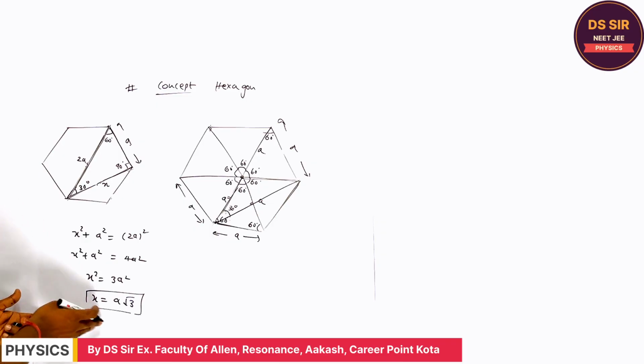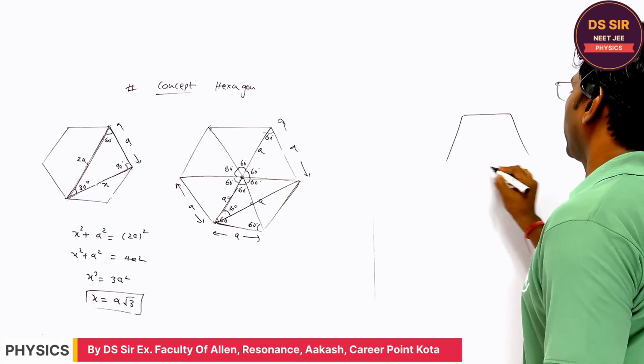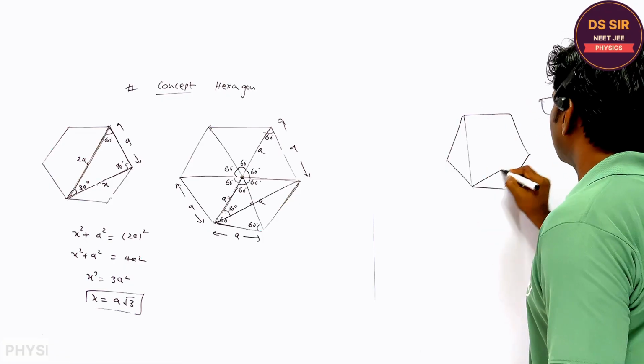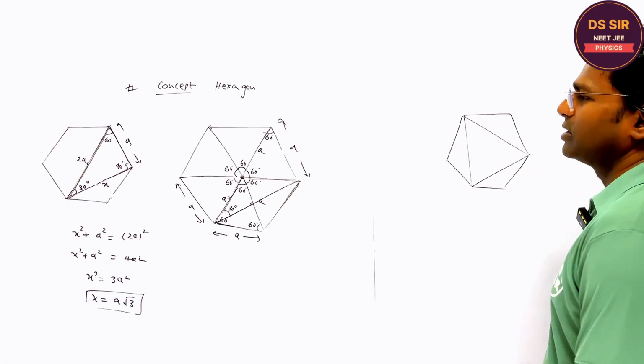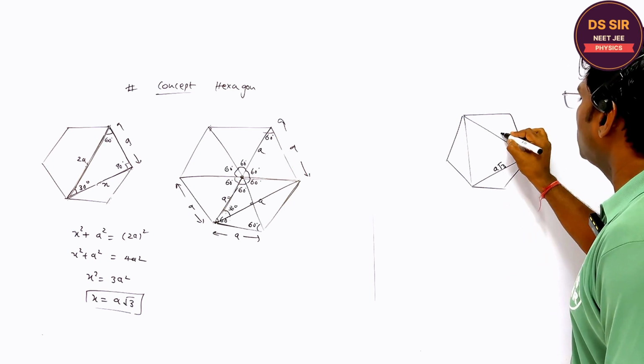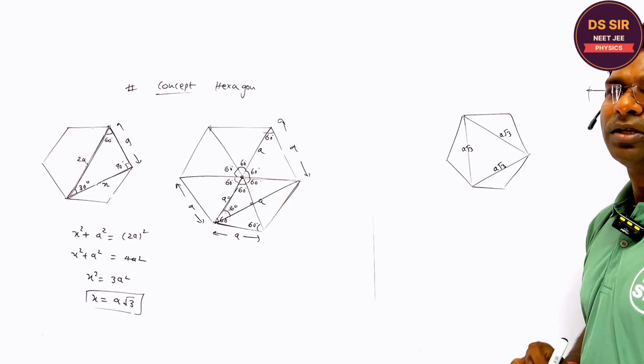I teach the students here. You have to remember for the hexagon always, this distance and this distance are equal, right? They are equal. It is a root 3, it is a root 3, it is also equal to a root 3.